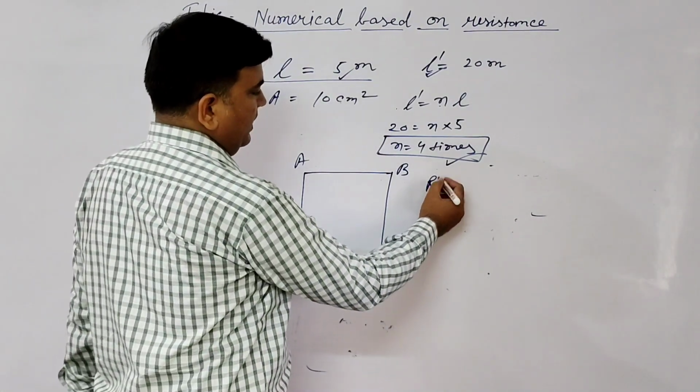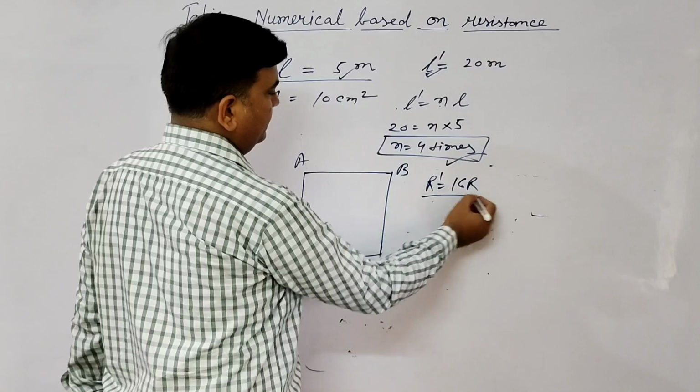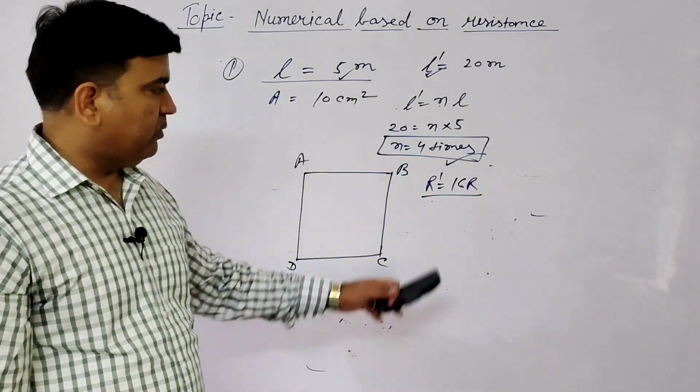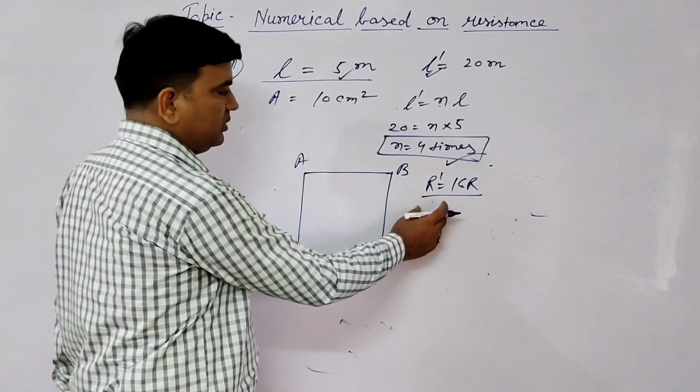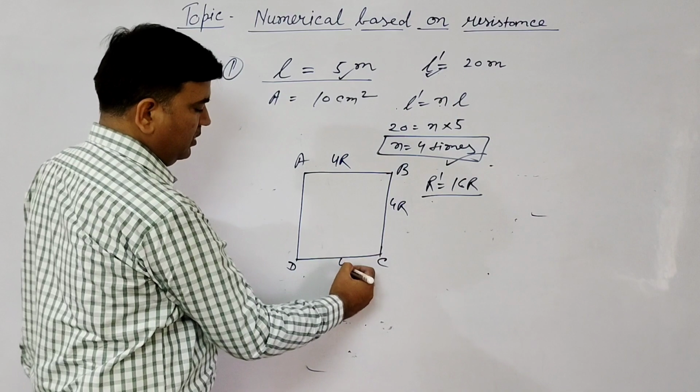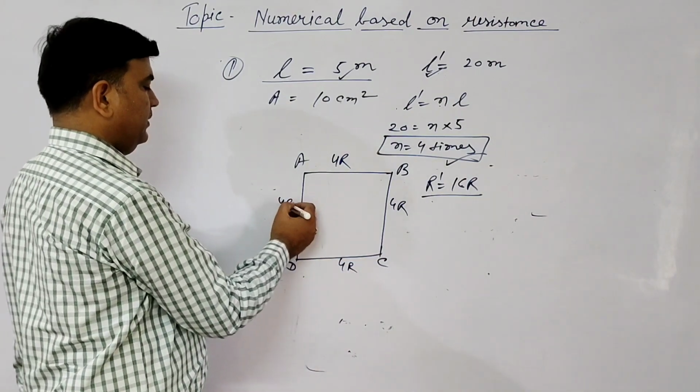So the resistance finally is equal to 16R, and if it is divided into 4 equal parts, then each part has a resistance of 4R, 4R, 4R and 4R.